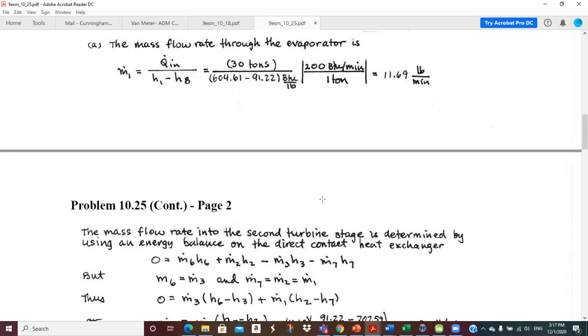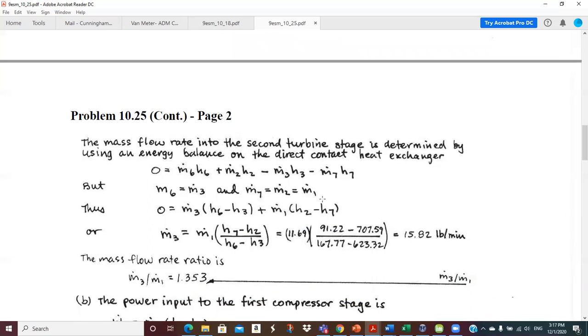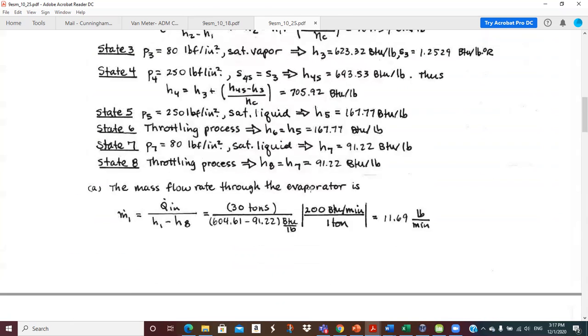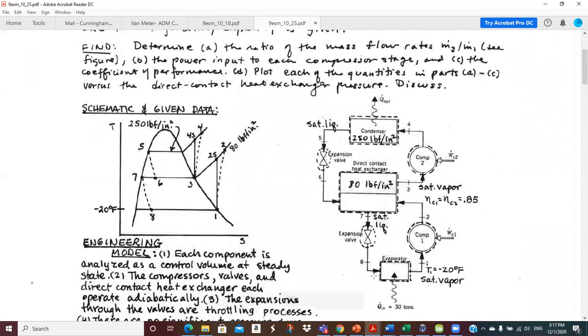So the mass flow rate into the second turbine stage is determined by using an energy balance on the direct contact heat exchanger. So the summation of the mass times enthalpy in is equal to the summation of mass times enthalpy out. So what do we got? We're coming in at 2, we're coming in at 6, we're leaving at 3, and we're leaving at 7.